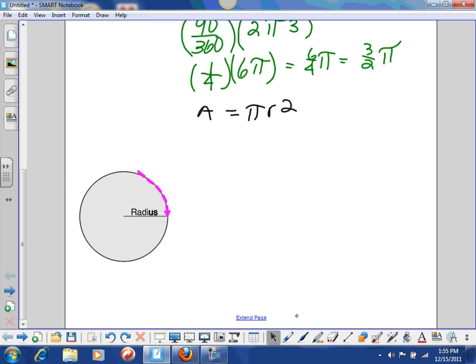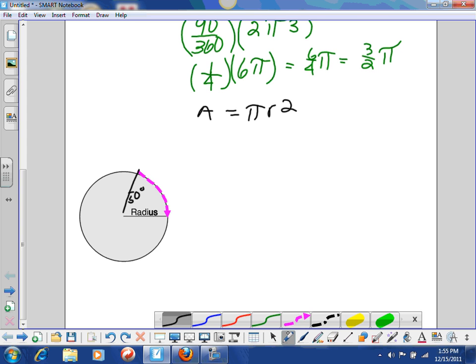Let's make this a 50-degree angle. So now I want to find the area of the sector. Now the sector is this entire region. It is going to be everything within this little area. Although I'm not real good with this marker, you get the idea of what I'm trying to draw.